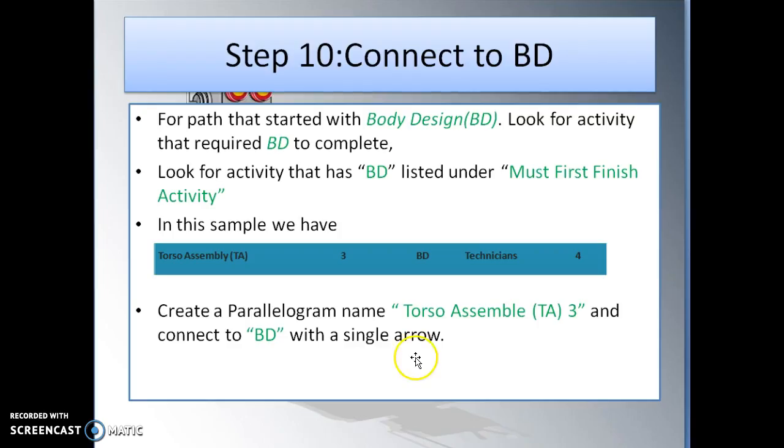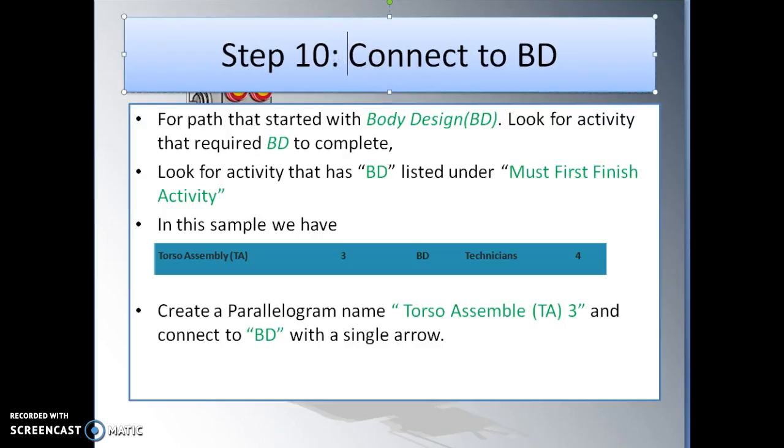All right, next we're gonna find activity that connects to BD. So for path that started with body design, BD, look for activity that require BD to complete. Look for activity that has BD listed under must first finish. So I look at the table, I see torso assembly, TA.